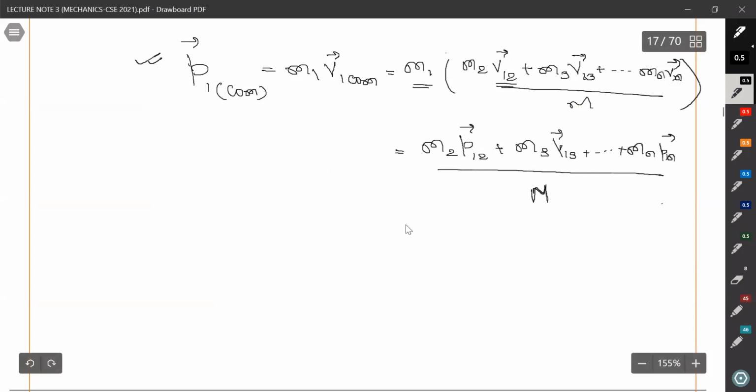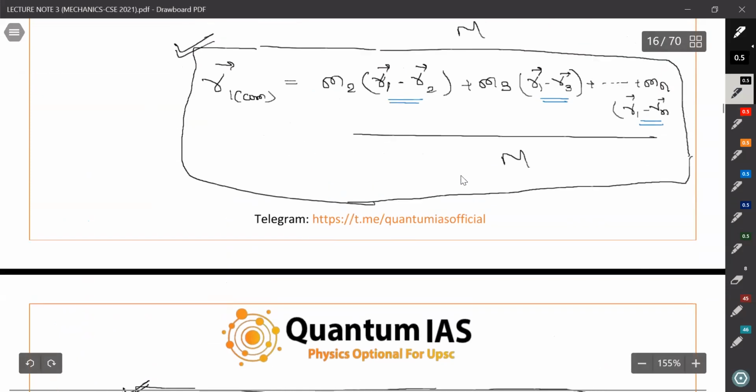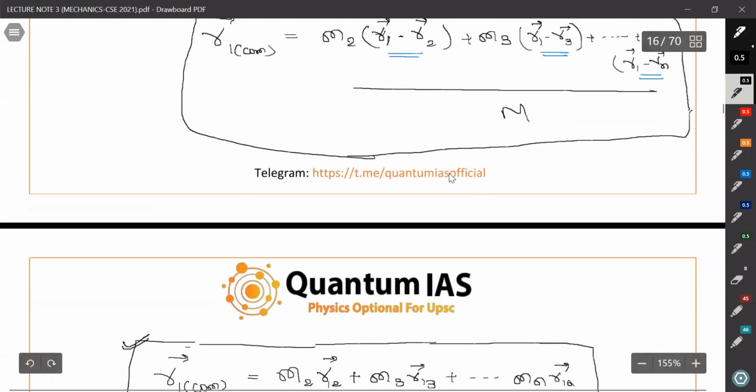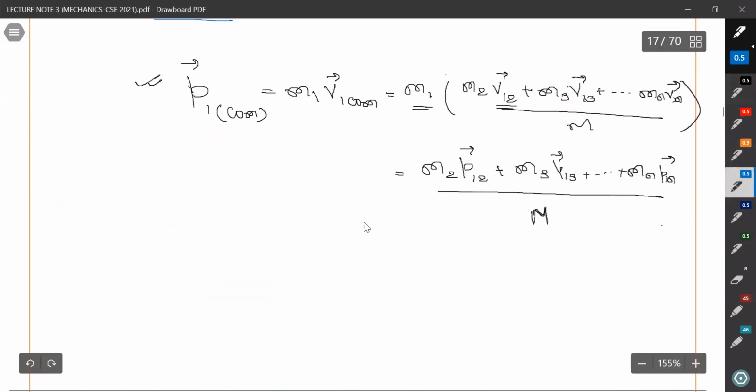Again, if you wish to calculate these terms for a two-body problem, it will become very easy. We are generalizing here for 1, 2, 3, n number of particles.